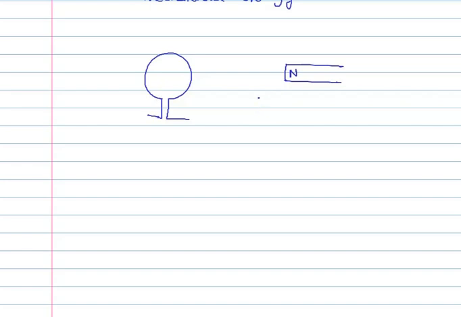Now whether or not we can see it, because magnetic field lines are invisible, it is true that there will be these field lines. They are always present even though we can't see them. They come out from the north pole and they go and terminate back at the south pole. So when the magnet is at a certain distance away, there are this many field lines which are interacting with the coil.